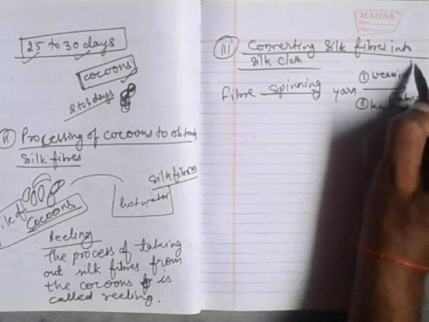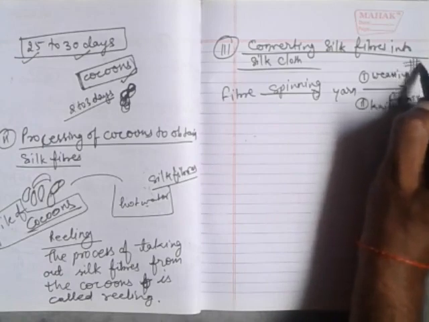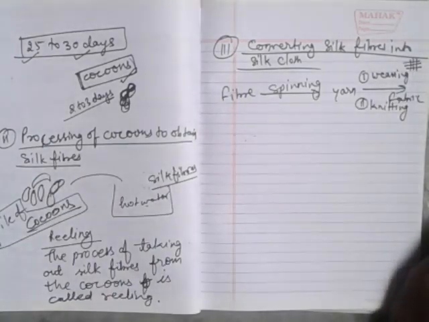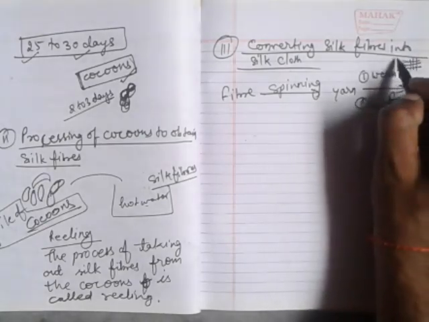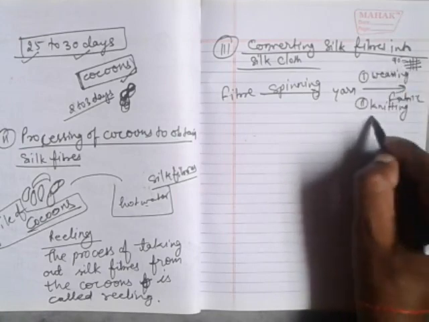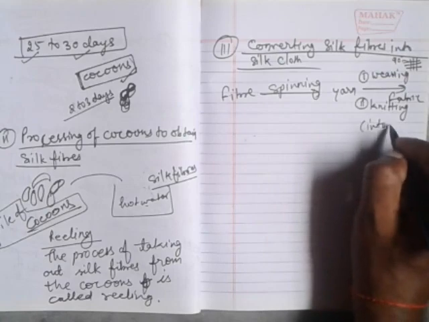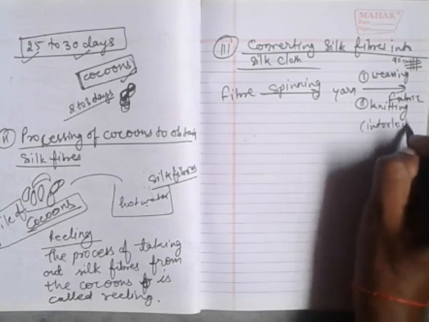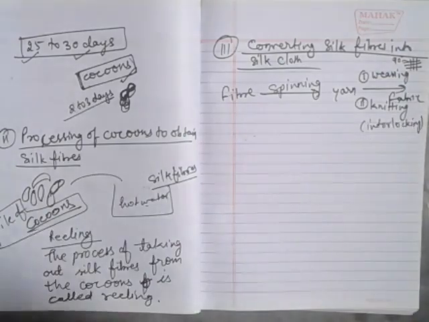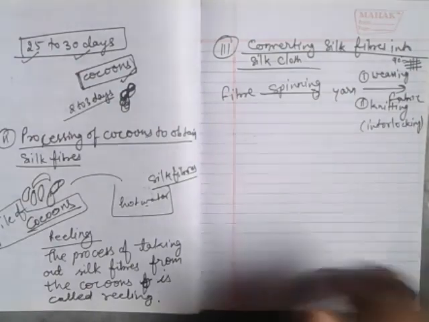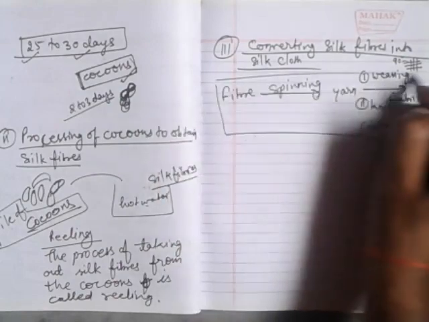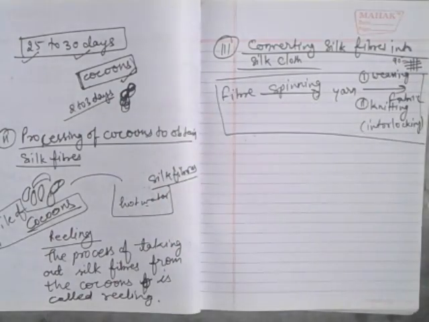In weaving, threads or yarns are crossed over each other at right angles, and in the knitting process, interlocking of yarns is done. This is the brief introduction of this overall chapter.